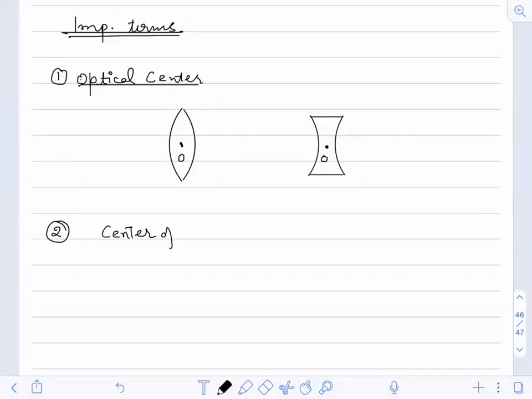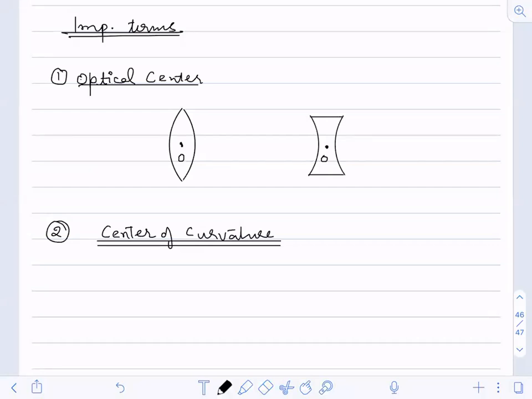Can anyone define what the center of curvature is? Yes, I will show you the slides at the last. Don't worry about that.